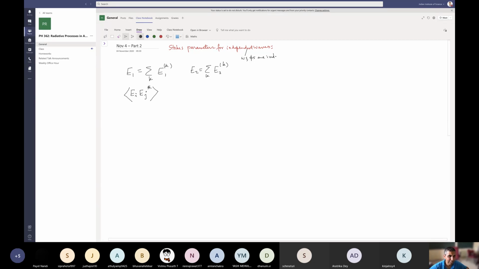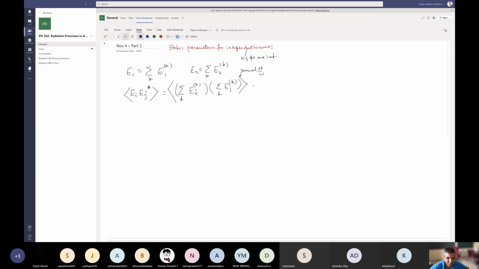So what would an expression like this look like? It would be summation over k E_ik times summation over k E_jk, and then you have the usual averaging over the fast time variation over several 2 pi by omega time periods.